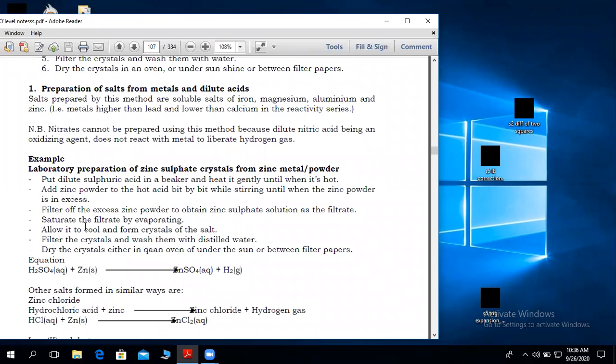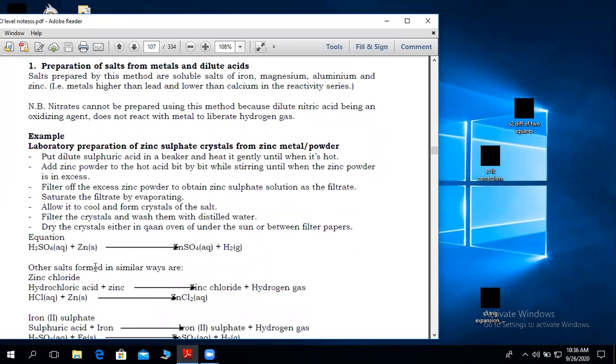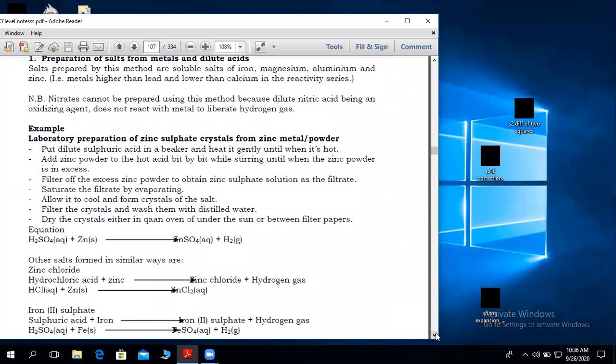Allow the saturated solution to cool, and when it cools, it forms crystals. Then filter those crystals and wash them with distilled water. I told you, when we ask you a question about preparation of salts, 1.5 marks are for the equation. If you don't write the equation, you know that you have lost 1.5 marks.